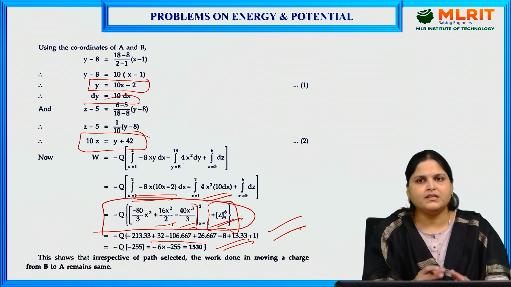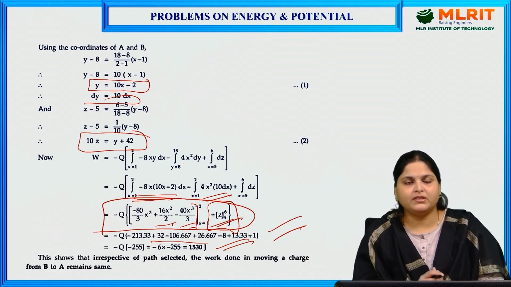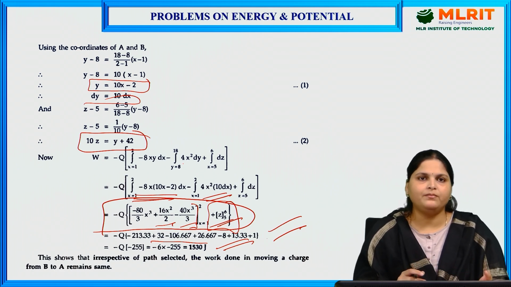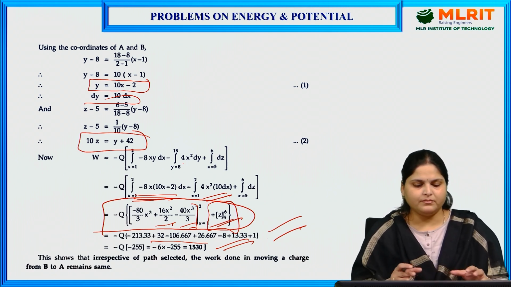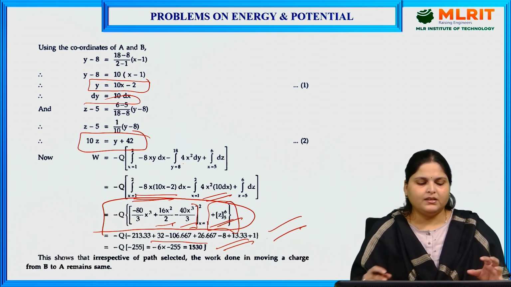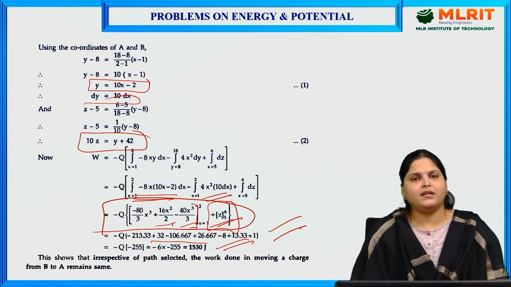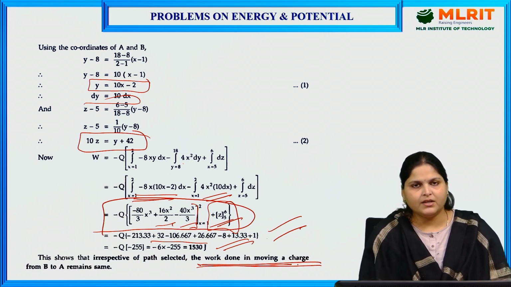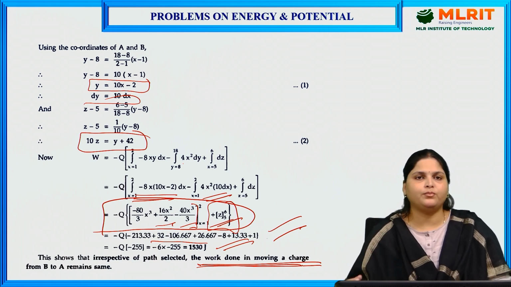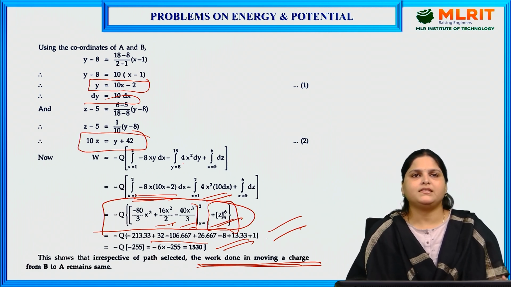What we understand from these two cases, one with the path given and another with the straight line as path, is that irrespective of the path selected, the work done in moving a charge from one point to another point will be the same.